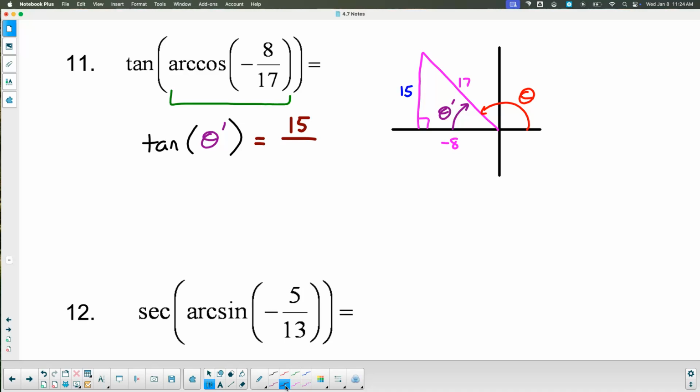Over what? -8. So -15/8. Questions, comments, concerns, clarifications? You try example 12.